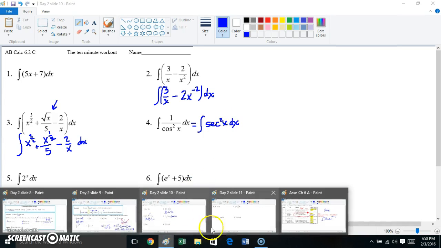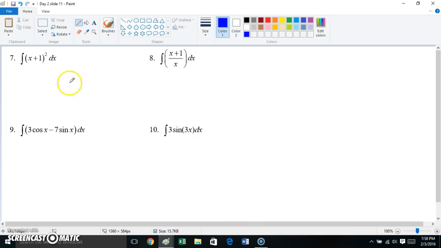Going to look at the last 4 questions. x plus 1 squared, we should probably distribute and expand this product before we take our integral. x squared plus 2x plus 1. So then take the integral.